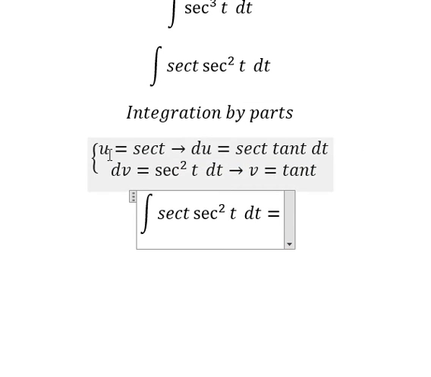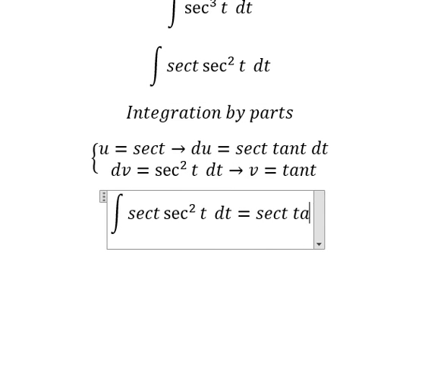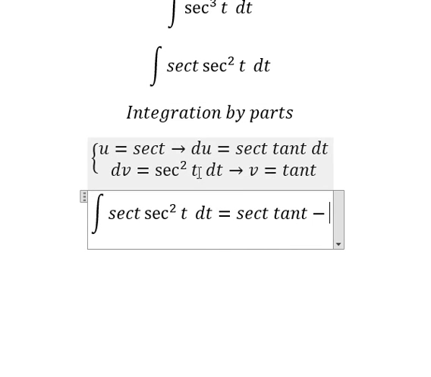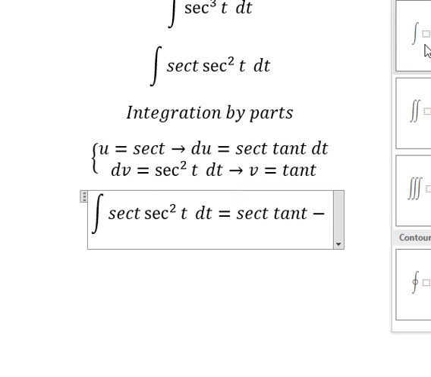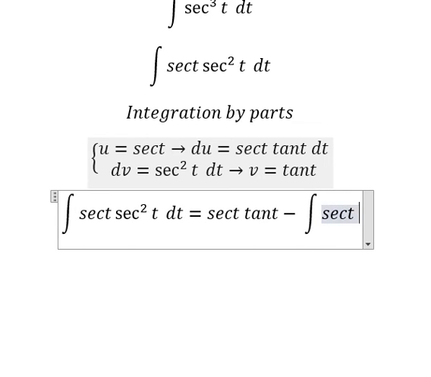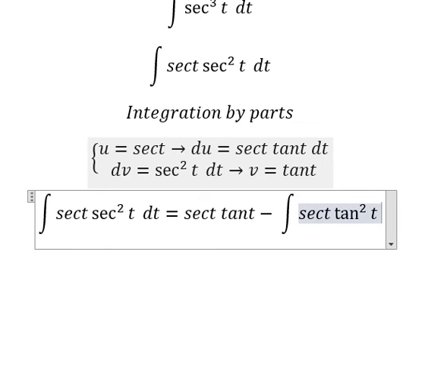So we have u multiplied by v, minus the integration of v du. So we have the integration of secant of t tan t square dt.